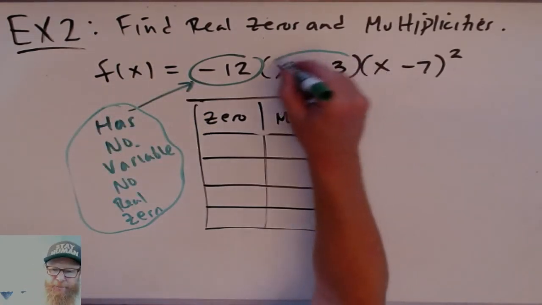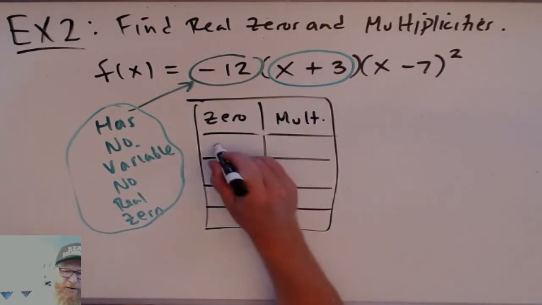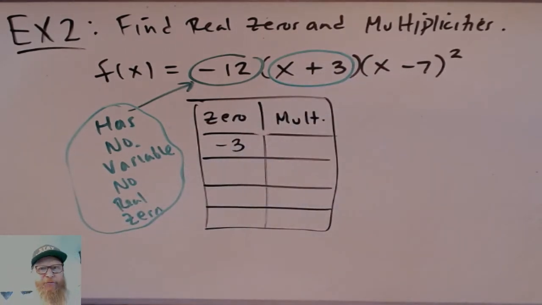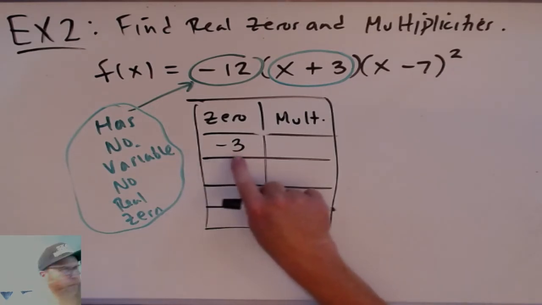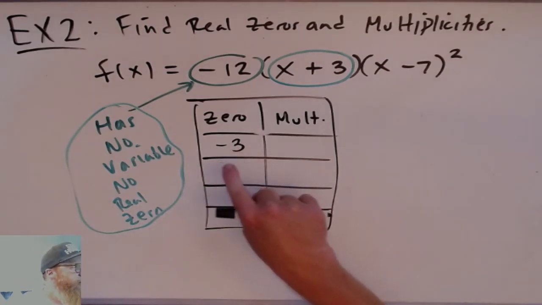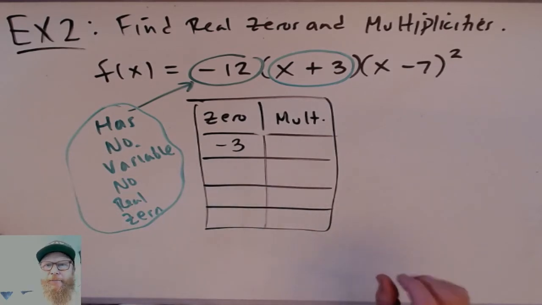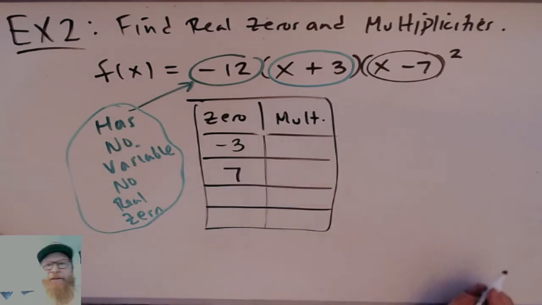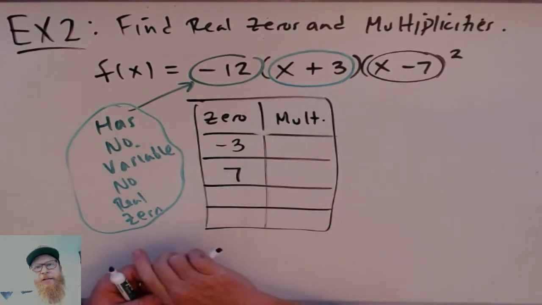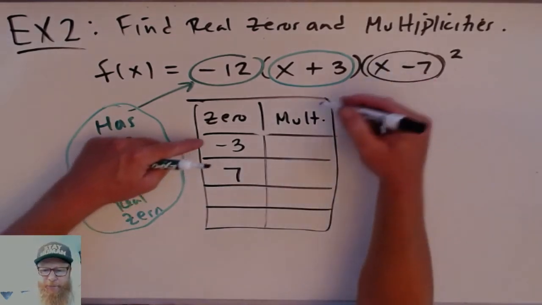So there's nothing you can do about it. All right, next one. X plus 3. What's the 0? You can just use mental math. Negative 3. You don't have to say x equals negative 3 when you're filling out the chart. I know that this is x. And then for x minus 7, 7. So those are your zeros. And then now the multiplicity.